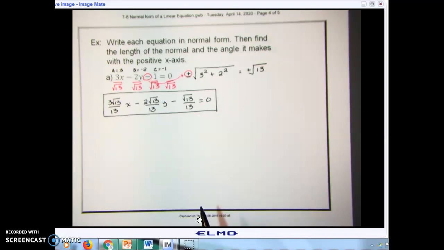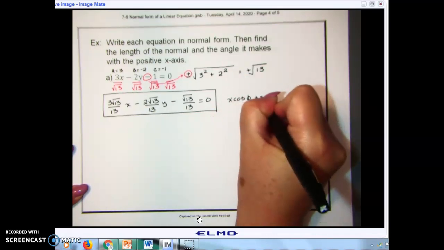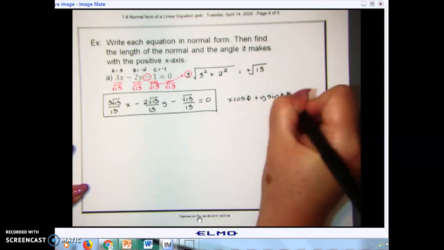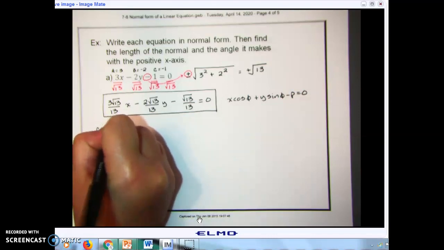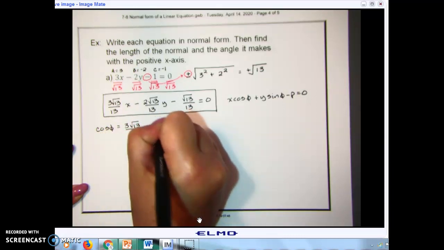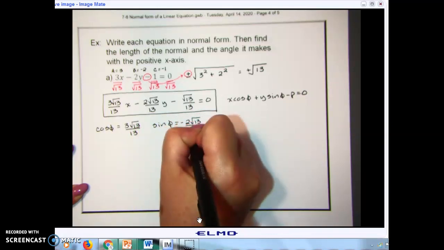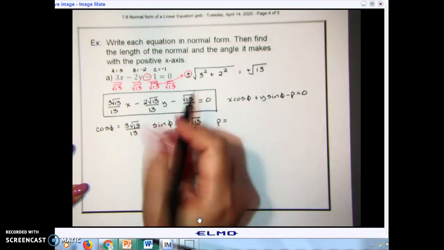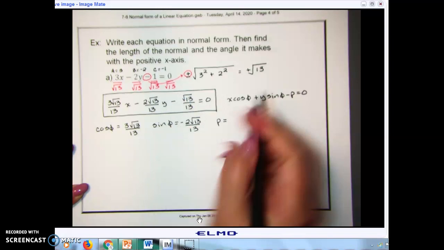So the next thing we're going to do is figure out what is our phi value and what is our p value. So knowing what we know, that it's x cosine of phi plus y sine of phi minus p is equal to 0, that means that the cosine of phi is equal to 3 root 13 over 13, that the sine of phi is equal to negative 2 root 13 over 13, and that p is equal to the opposite of this number because it's minus p, so that means this on its own is p.